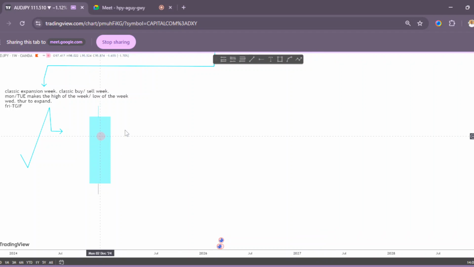This is how a classic expansion week looks. If you were to break this into 5 candlesticks, you would find that we have Monday.